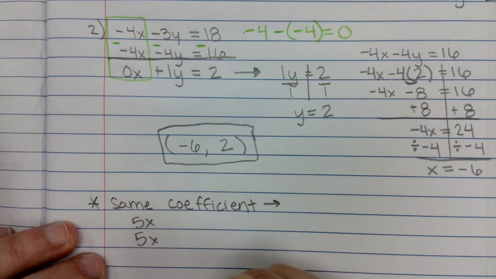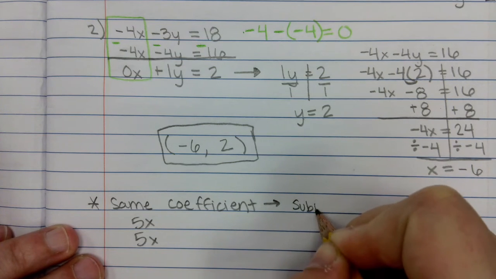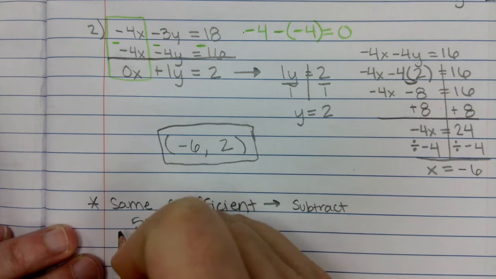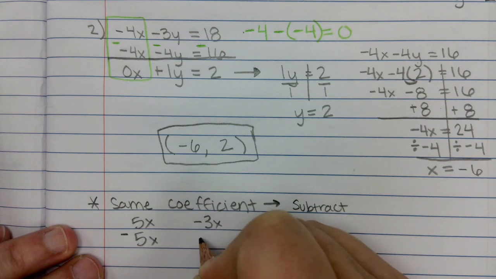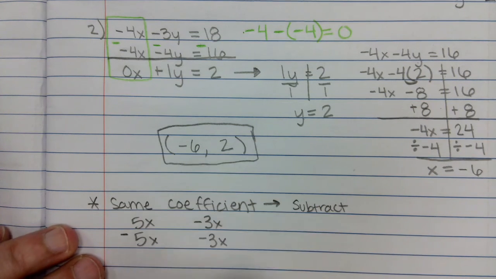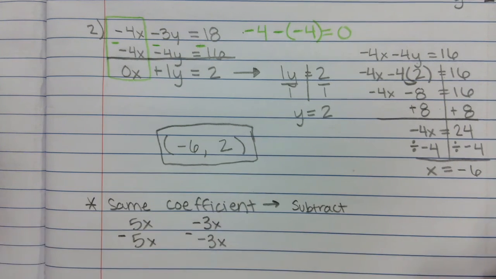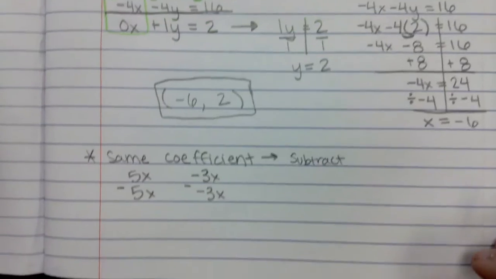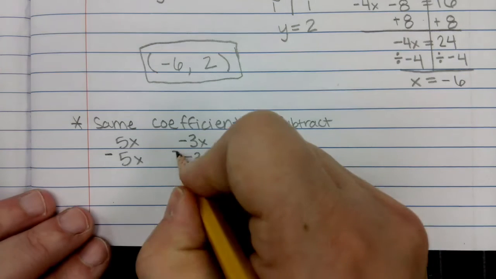Remember, you can think of it as that word take away. So -3x, take away another -3x. They're all gone. Okay. If they're opposite coefficients, so if we have one positive and one negative, of the same number, then what do we do?